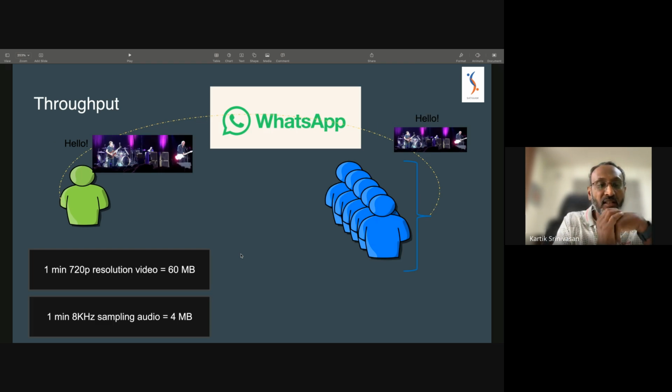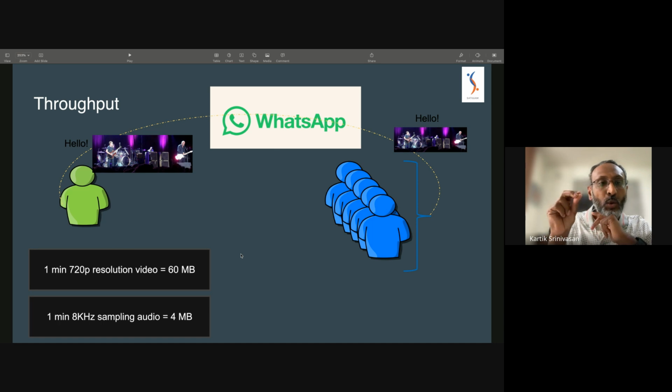Throughput is another concept. In the same context of WhatsApp, what is throughput? An example: let's assume that the green person is at a rock show, right? And they are listening to, let's say, a band called Agam, and this person tries to make a WhatsApp call to his friends, all his college friends, and he wants to tell them, look, I am at the show, right?